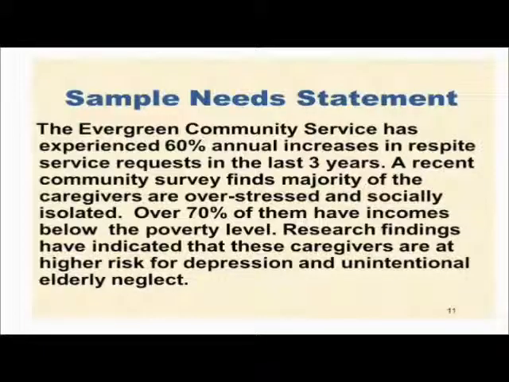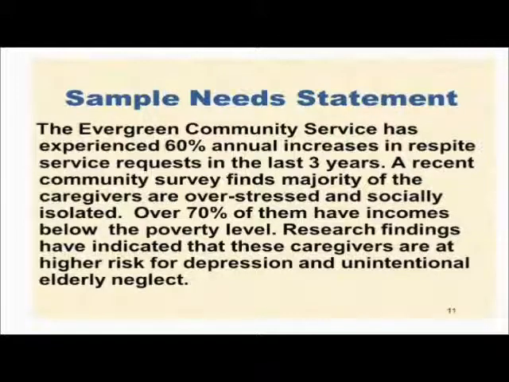Now, what do you think? What kind of need is that? That is a documented need. People tell you that they need that service, and they have made the requests.